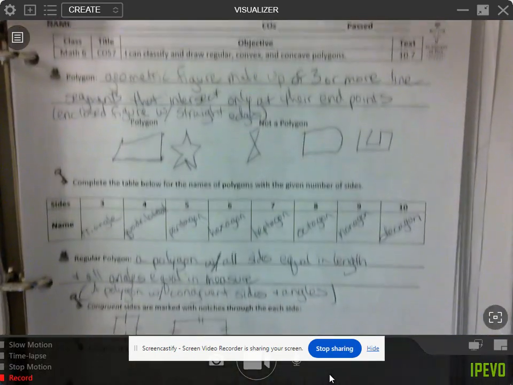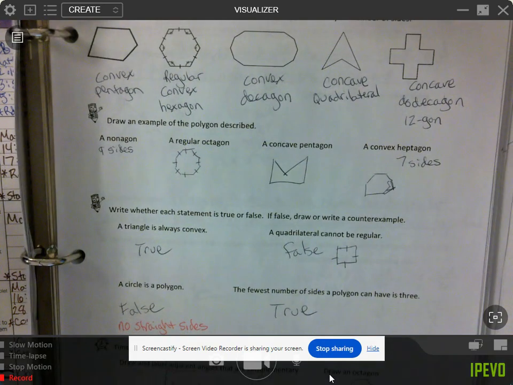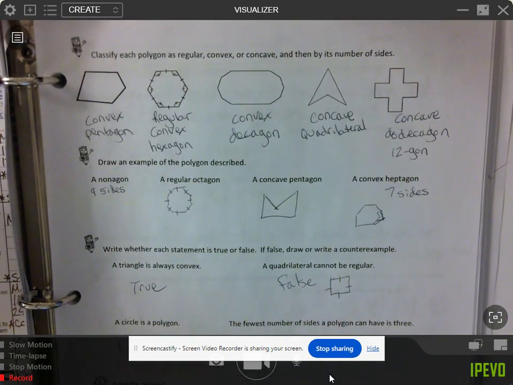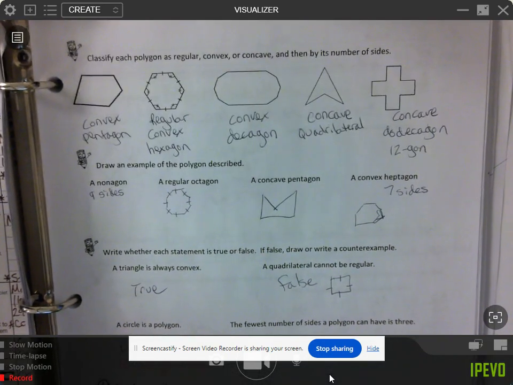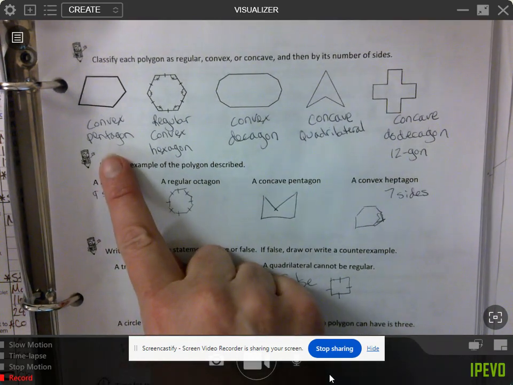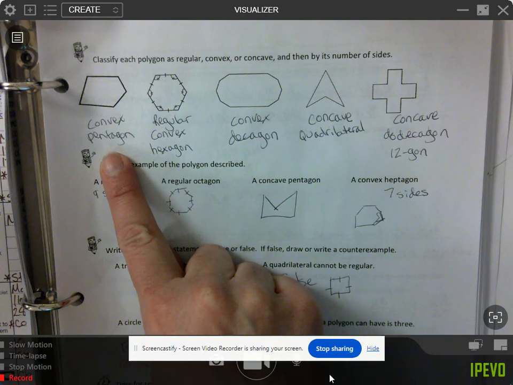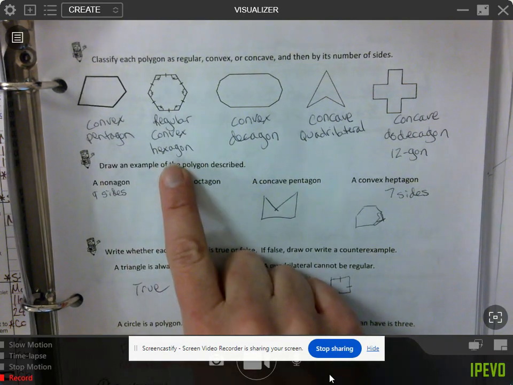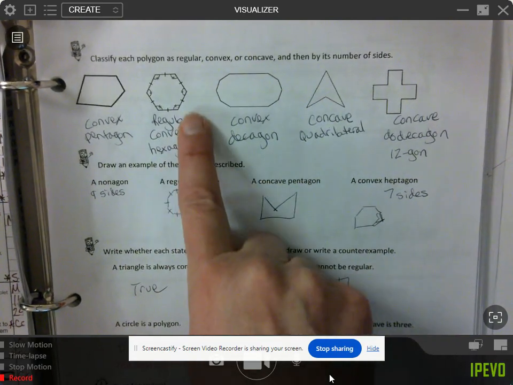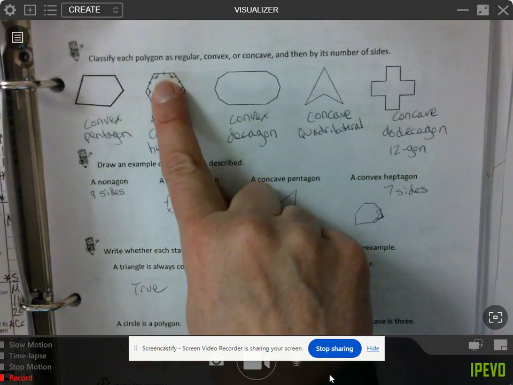So let's look at our second page to correct. On this one, we had to put both regular, convex, or concave and the number of sides names. Here there are 5 sides. It is a convex pentagon. Here there are 6 sides, and we see all of the markings for them to be congruent.